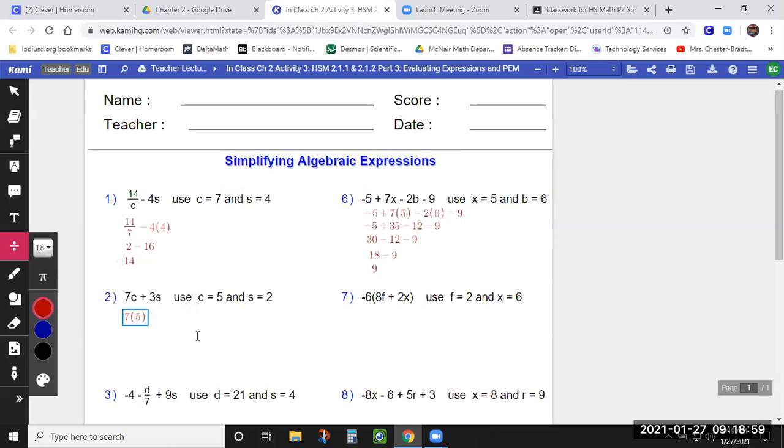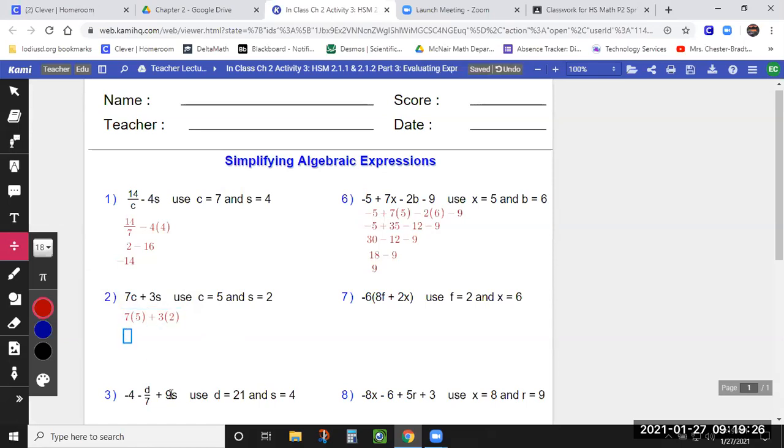Okay, and then plus a 3 parentheses, what? 2. Okay, first step, put the numbers in their spots of the equation. We're not solving anything. We're not doing anything yet. We're just substituting, okay.